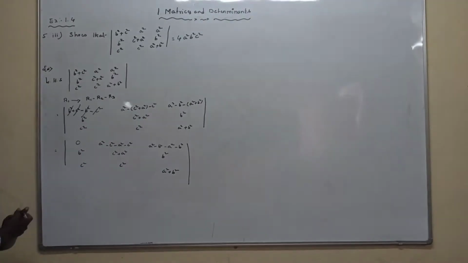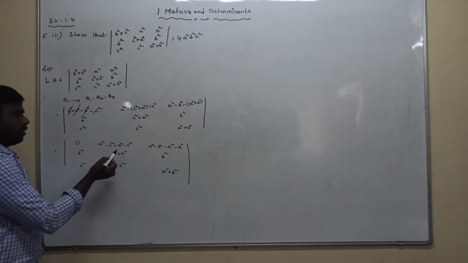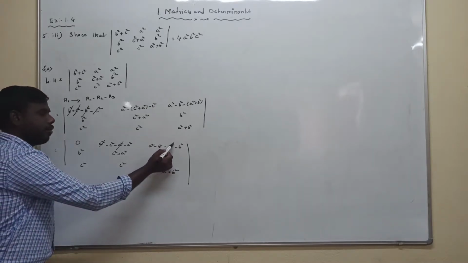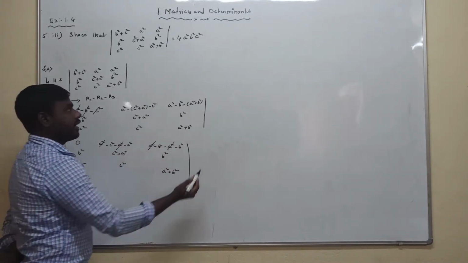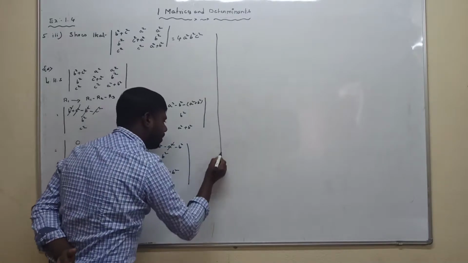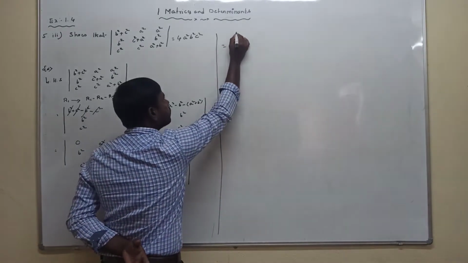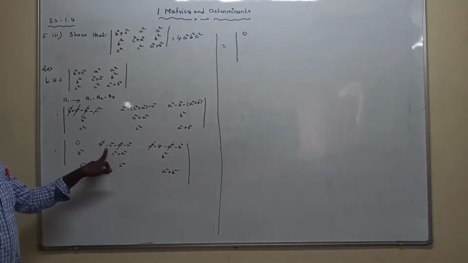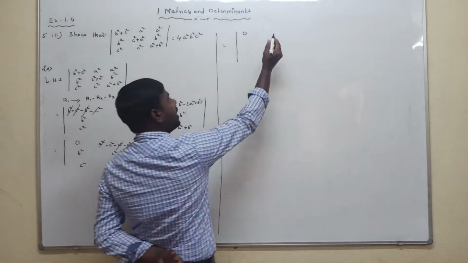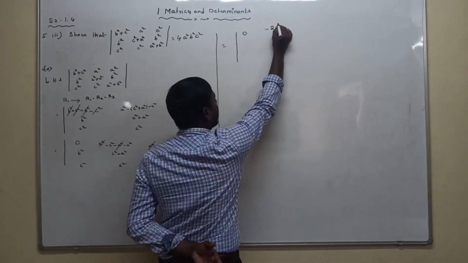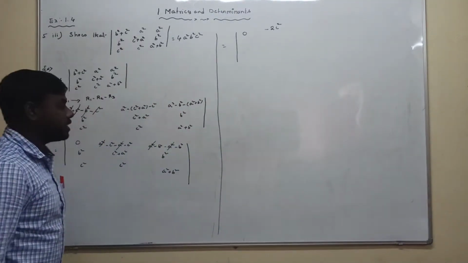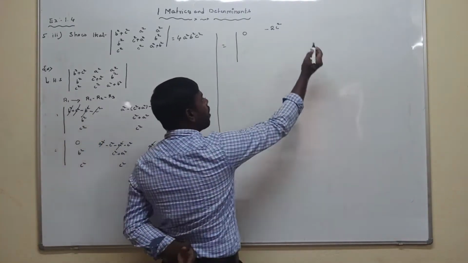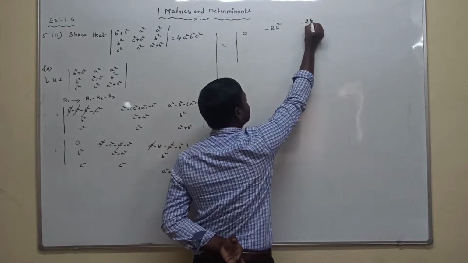Now simplify this one. Minus a square plus a square get cancelled. We get the determinant value as 0, minus 2c square, minus 2b square.